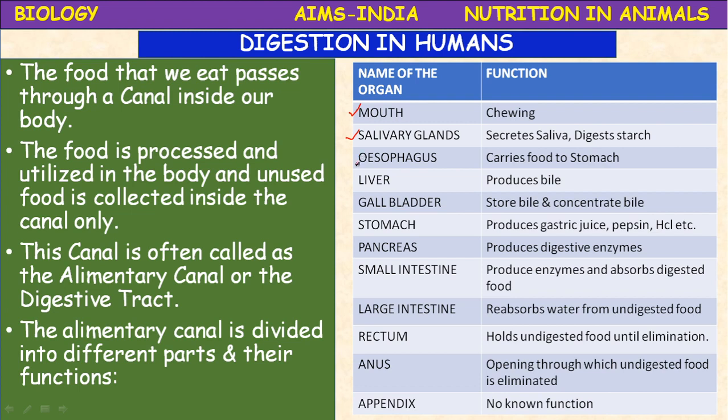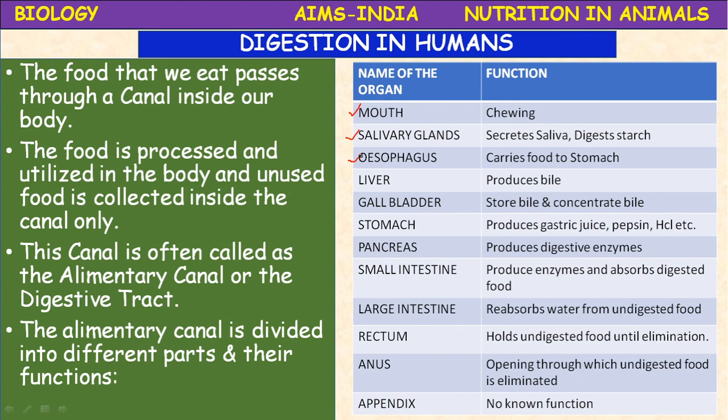So the next part, esophagus. It is also called the food pipe. It is a long tube. There is no process of digestion in it. It is lined by mucous glands, and it helps in carrying the food from the mouth to the stomach.